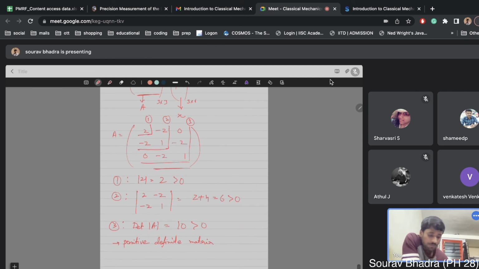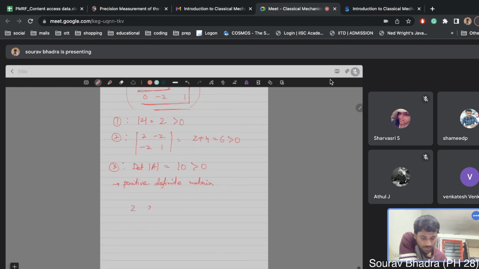There is a problem in the assignment using this particular thing, so you can do that. Okay, let me take another example. If you take 2, minus 2, 5; minus 4, minus 2, 4, 5, and calculate with the same method, you will find that one of the values will be less than 0 in either step 1, step 2, or step 3.